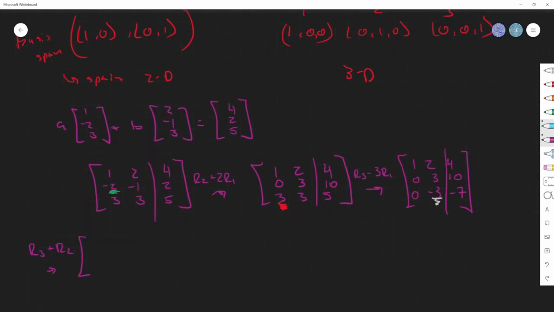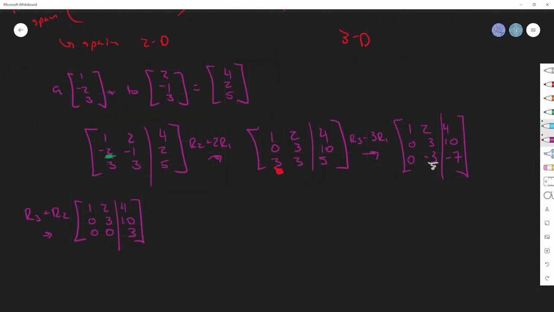That is going to give us 1, 2, 4, 0, 3, 10, then 0, then 3 minus 3 is 0, and so 10 minus 7 is 3, and we're pretty much done here, because as you can see on the third row, this becomes inconsistent.